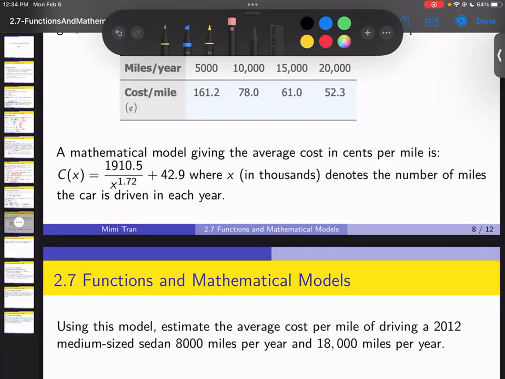In these problem passages, you actually need to understand which variable is which.